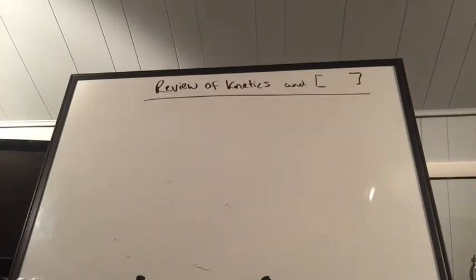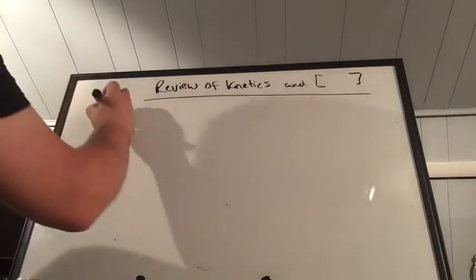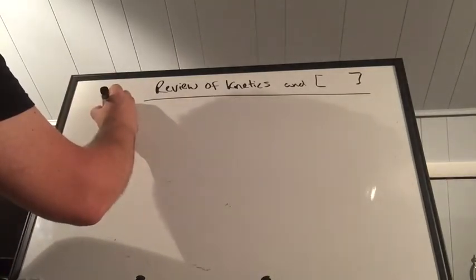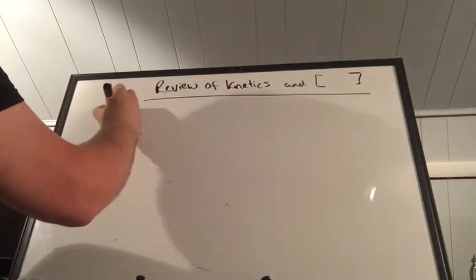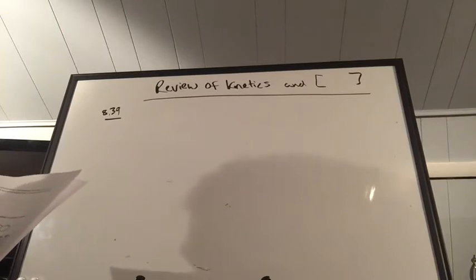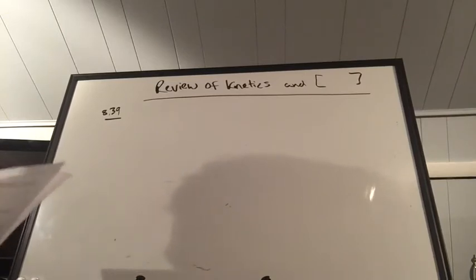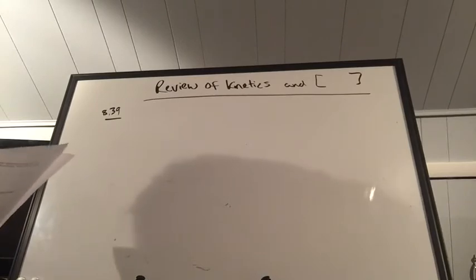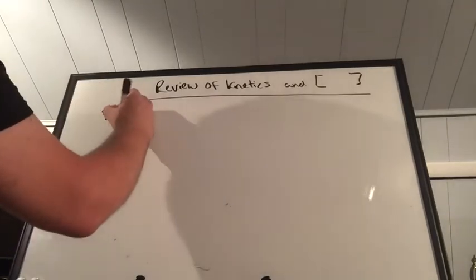So I'm going to breeze over some of the math involved with this problem, 8.39. I don't have the page on there, let's pull it up real quick. 8.39 is on page 435.